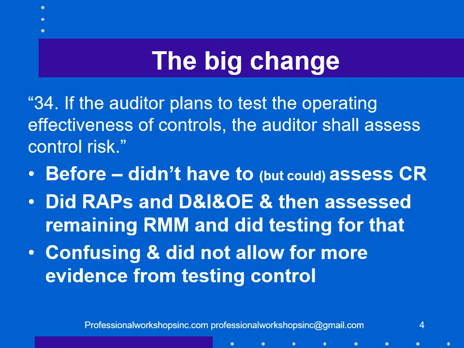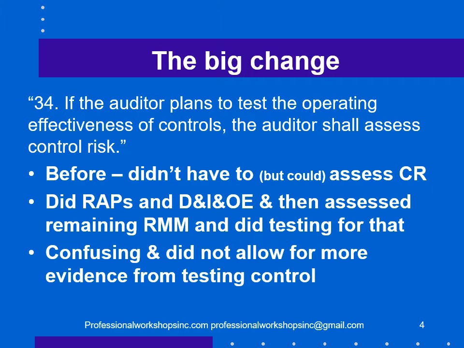Now, I always found that confusing, didn't quite understand how I might implement that in practice. It's not illogical, but I just didn't understand how I would do it in practice. And the other problem I had with it is if you do your risk assessment procedures and test operating effectiveness, and that's all you do for control, you've cut yourself off from the possibility of getting more evidence from testing control.